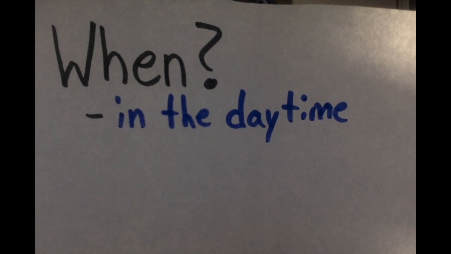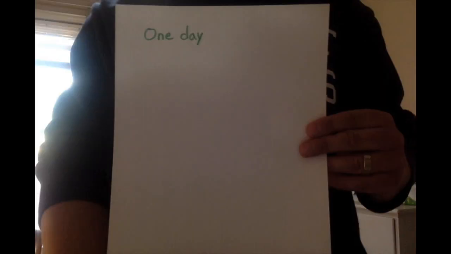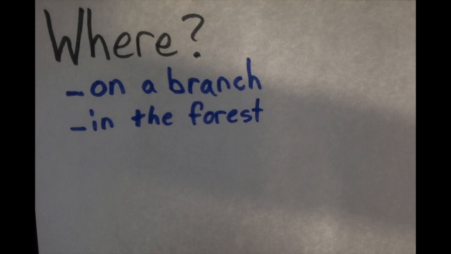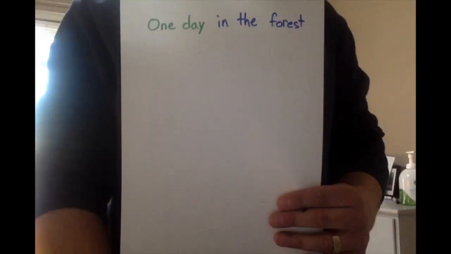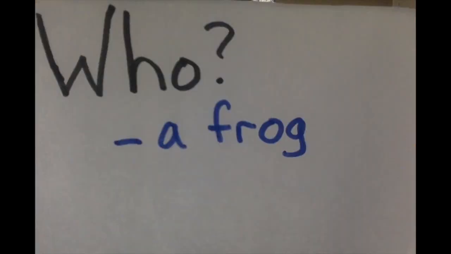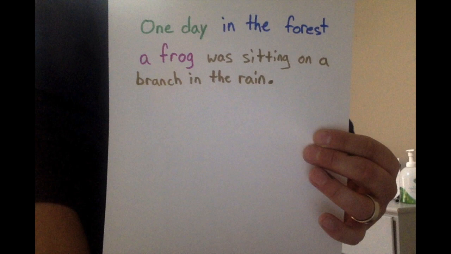The section that we start with is when. For our story, that was one day. Next, we added what we put for where. And then we added what we wrote down in our who section. And finished it off with our first what to make sense.